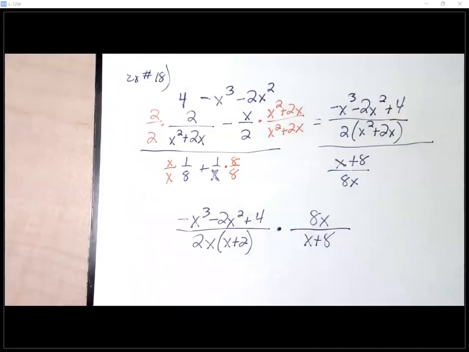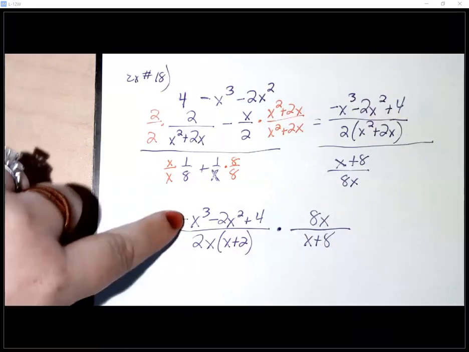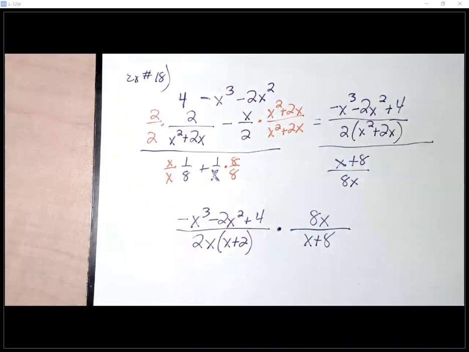Now it's a multiplication problem like you did last week. The numerator on the first one is weird, but it doesn't even factor, so I don't even have to touch it. Well, step 1, when you have a multiplication, you factor everybody. This top doesn't even factor. There's nothing I can do with that. It's not quadratic.